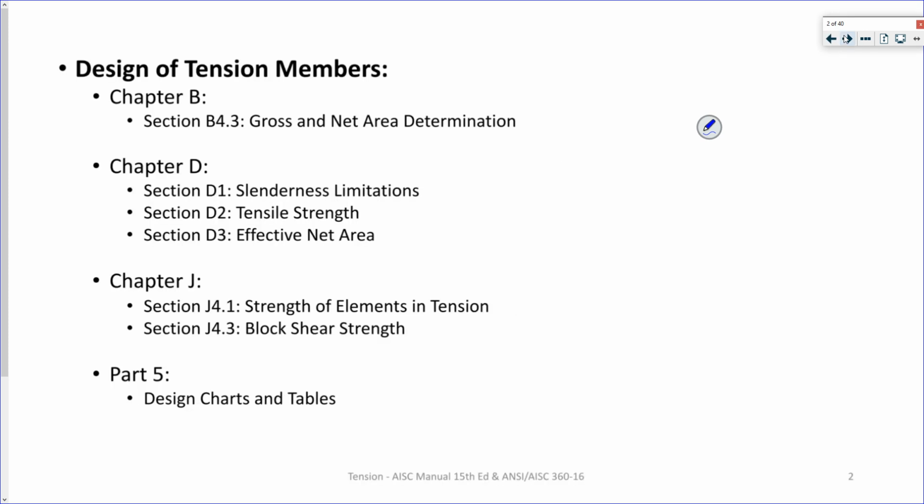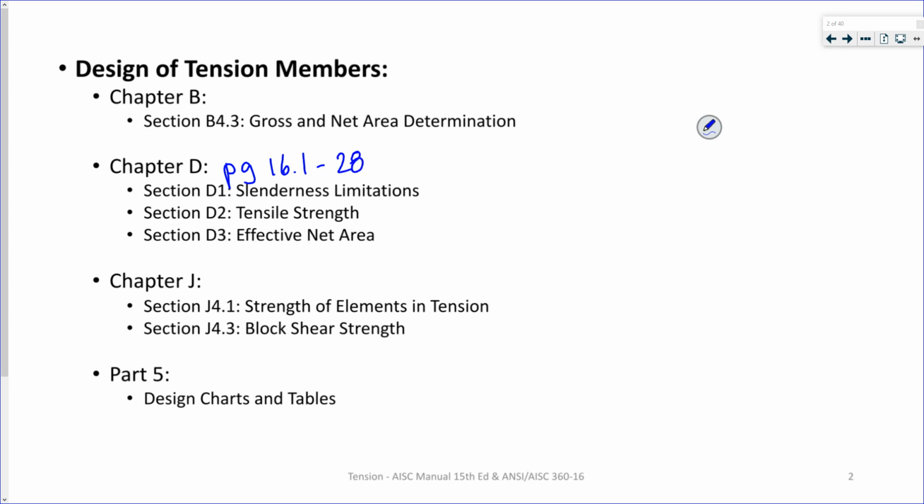So if we're talking about the design of tension members, if you go to chapter D in the spec, so this is about 2/3 back of the book, chapter D. This is where you start to want to have tabs, right? Chapter D starts on page 16.1-28.